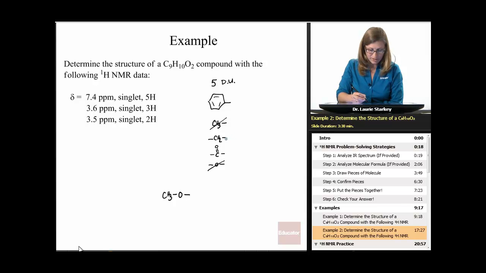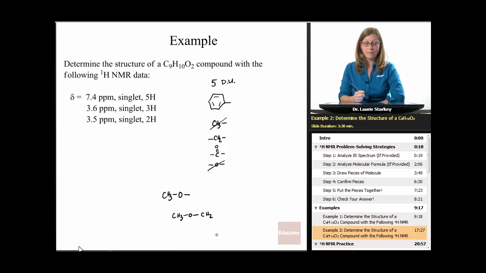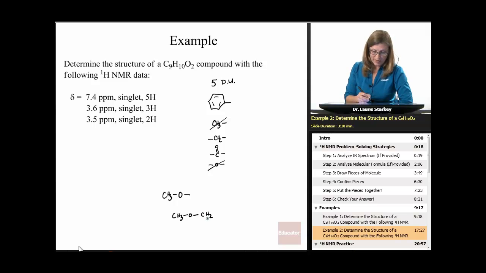Well, let's think about our CH2. What is our CH2 going to be attached to? Our CH2 is at 3.5. Okay? So let's think about our possibilities. If we put our CH2 next, we would expect that to be at 3.5, just like the first one.